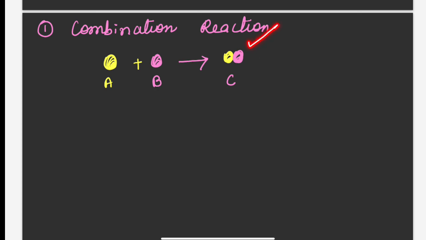Such a type of reaction is called combination reaction. When 2 or more reactants react and form only one product, it is called combination reaction.